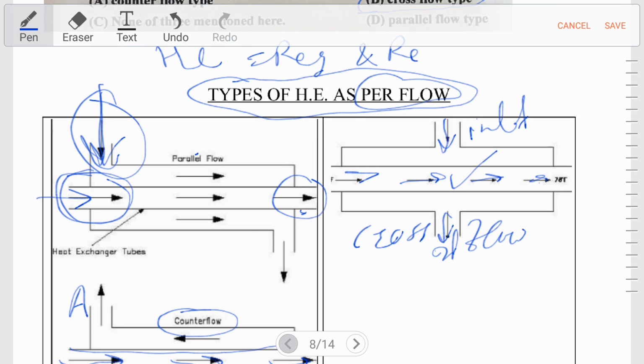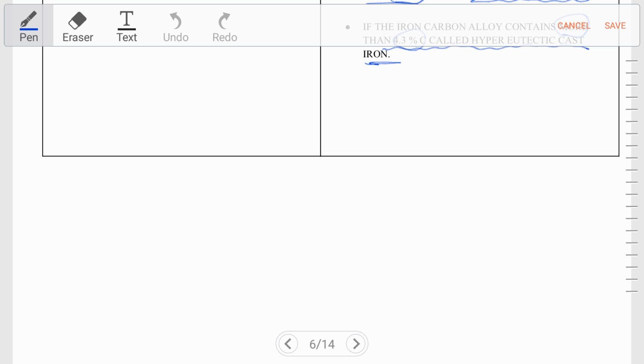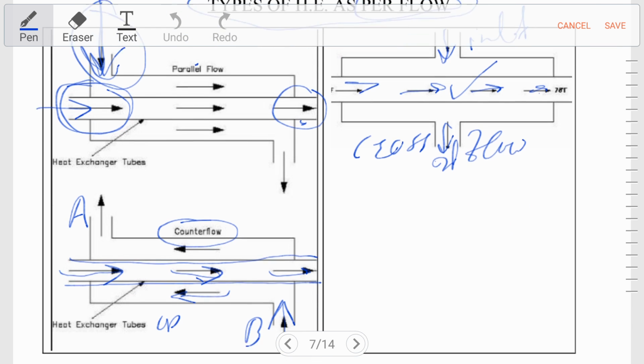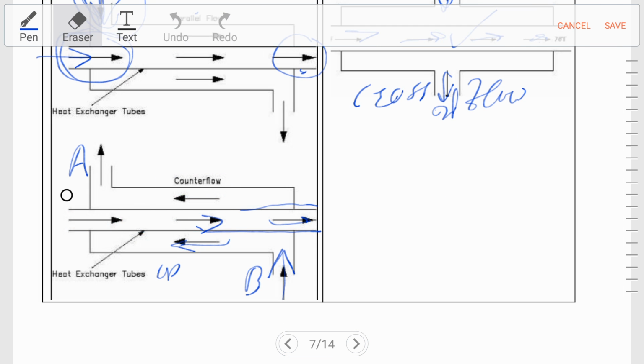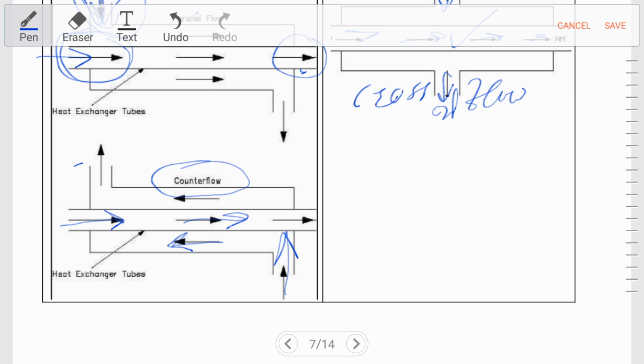So let's see which is the counter current heat exchanger. Over here we can see the flow of cold water and the hot medium is different. This is our hot medium traveling path, and this is the cold water traveling path. Both are opposite in nature. So this is the counter flow heat exchanger.